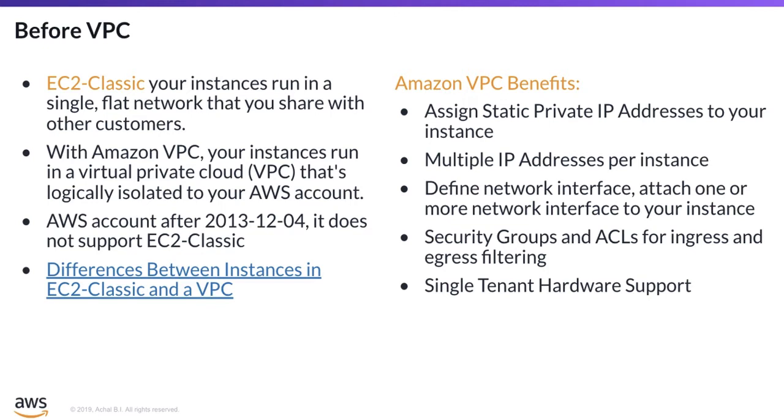This network interface can have many public IP addresses attached, and it is easy to move between instances. And you get the benefit of security groups and network ACLs for both ingress and egress filtering, so basically inbound and outbound filtering.